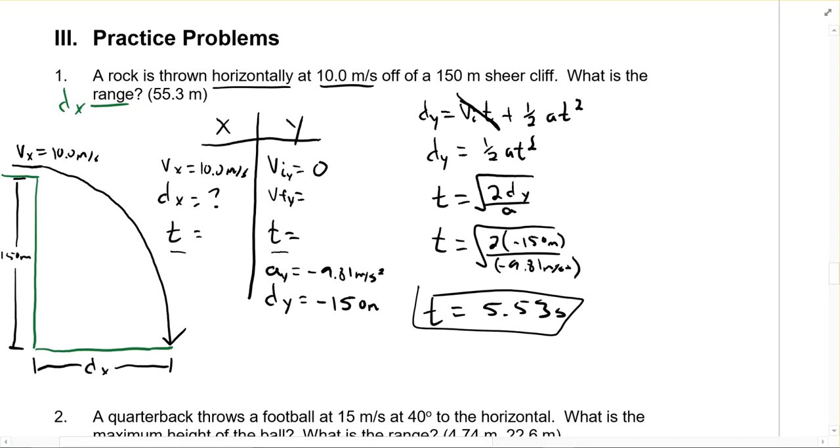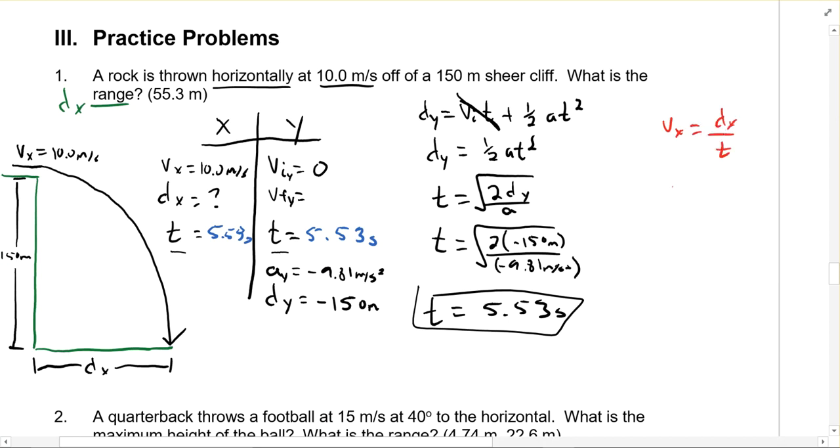So now I know my time is 5.53 seconds. Now I'm jumping across this border here because that's the same, so this is also 5.53 seconds. Now I just need to use my simple formula of v is equal to d over t. So vx is equal to dx over t.